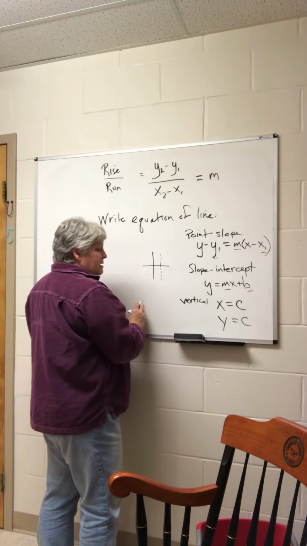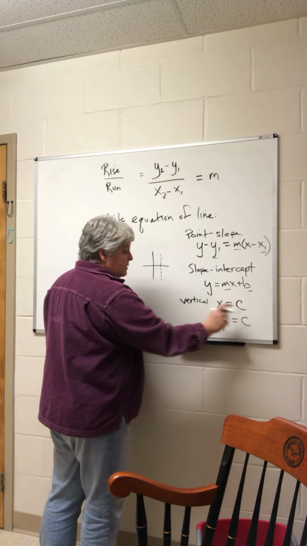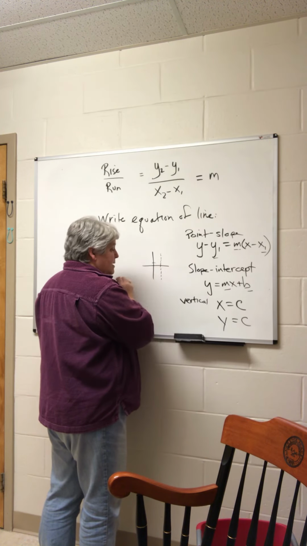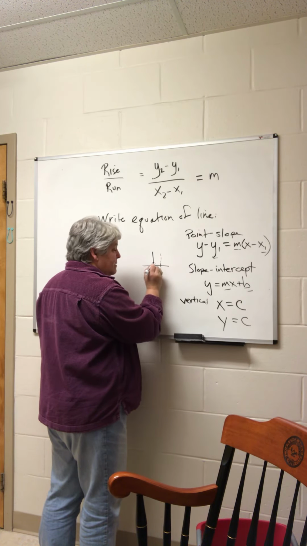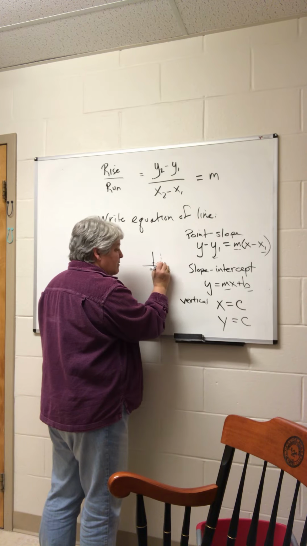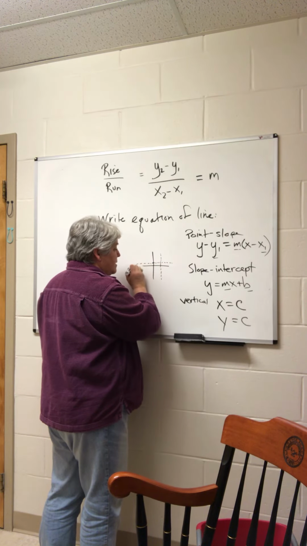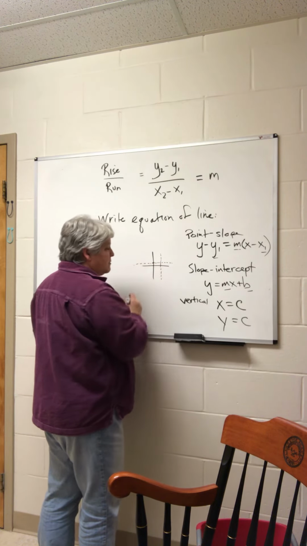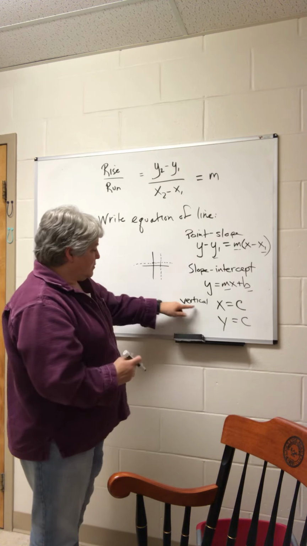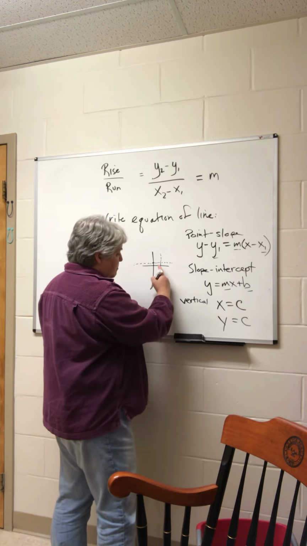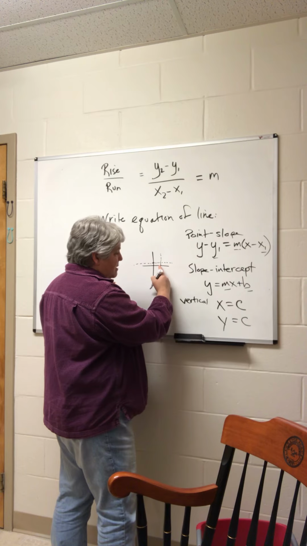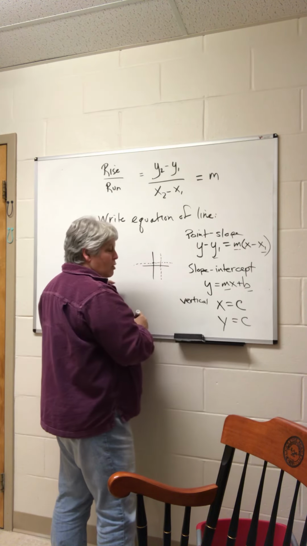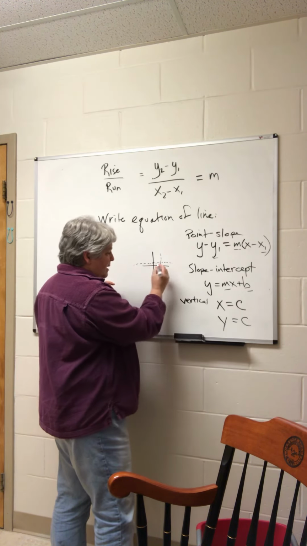And y equals some constant, if it was like y equals 1, I'd go find a point that's 1 unit high, and then I go find all the other points that are 1 unit high. So basically, when you draw the line, if it's vertical, you go put a mark on the x-axis, but then you make your actual line a right angle to where you put the dot down.